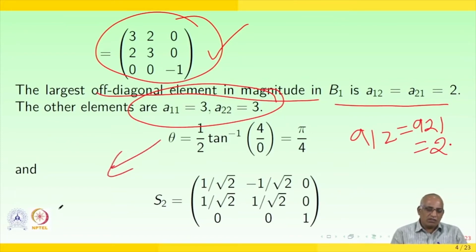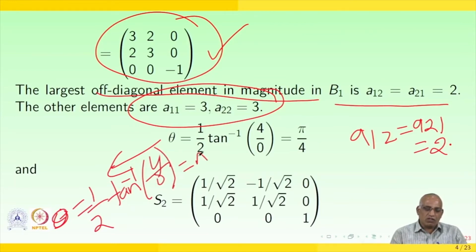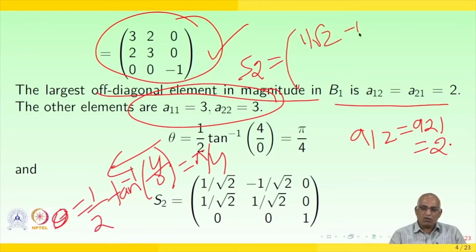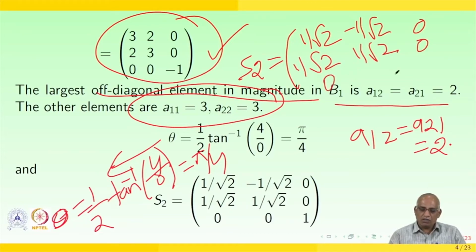Therefore, theta is equal to 1 by 2 times tan inverse of 4 by 0, which turns out to be pi over 4, and the matrix S2 is equal to 1 over root 2, minus 1 over root 2, 0; 1 over root 2, 1 over root 2, 0; 0, 0, 1.